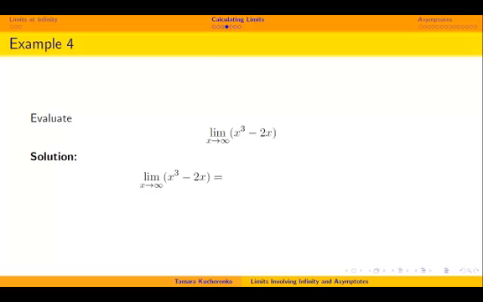When x approaches infinity, x to a power can only get larger, so x cubed approaches infinity. 2x also approaches infinity. So if we look at what each term is doing in the limit, we obtain an infinity minus an infinity.